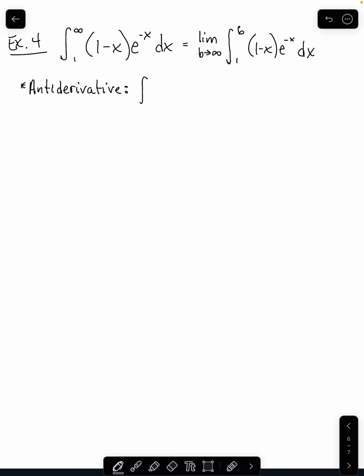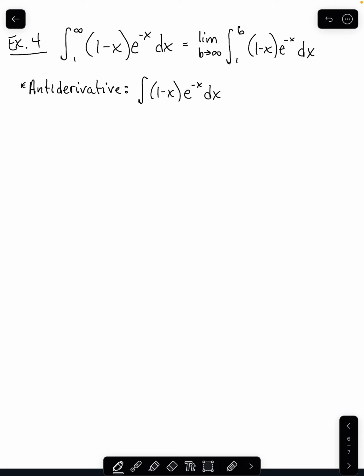So removing the limits of integration will allow us to focus on the function itself. This function does not immediately match any known formats, but it is a product.